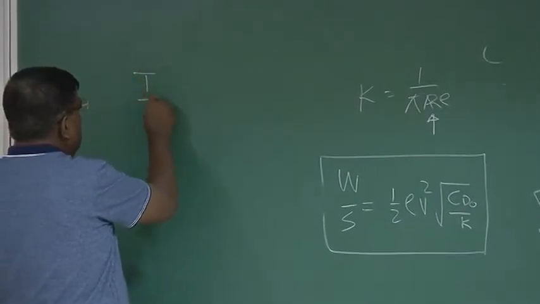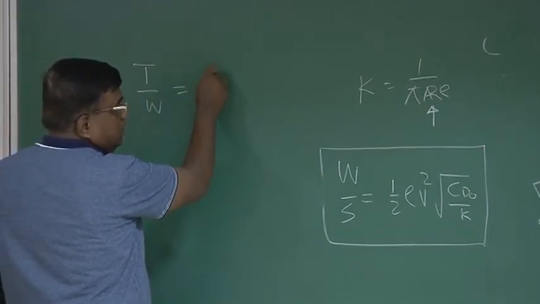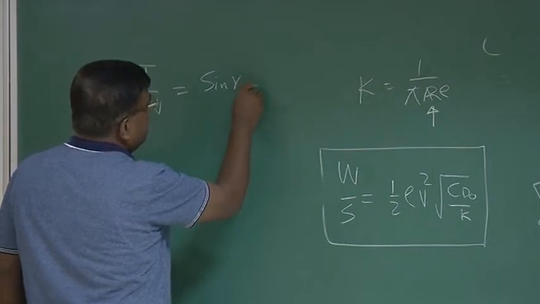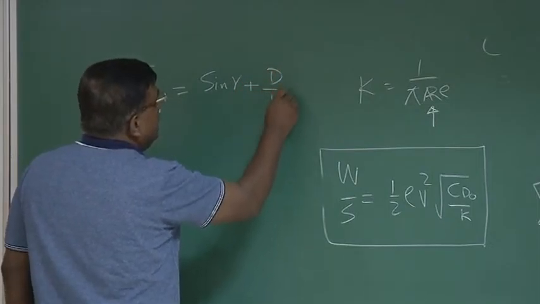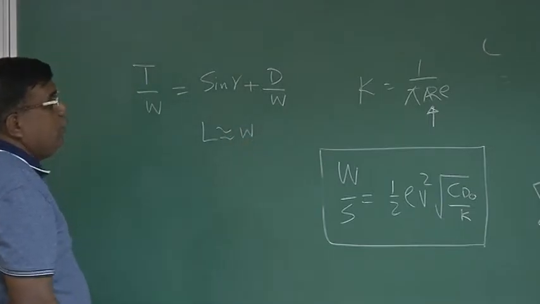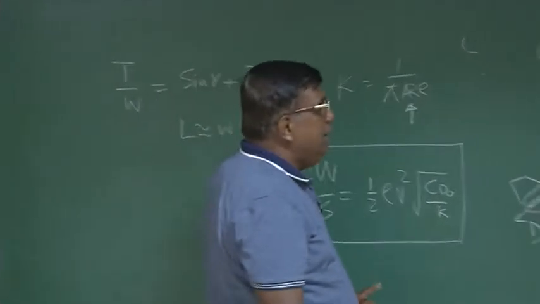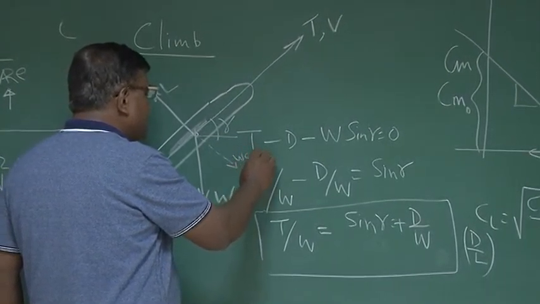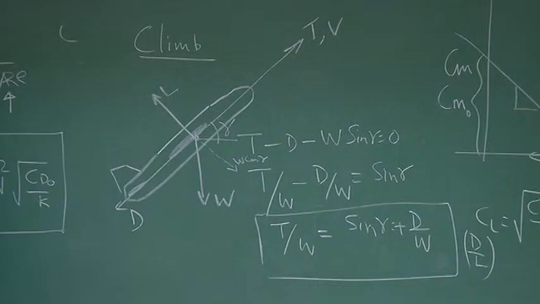T by W is equal to sine gamma plus D by W, and if I assume L is roughly equal to weight, during climb please understand lift is not equal to weight, lift is actually equal to W cos gamma. Since gamma is small, I am taking this approximation.